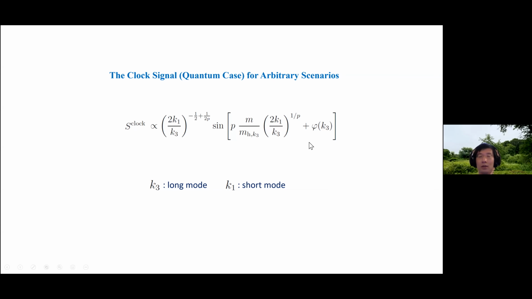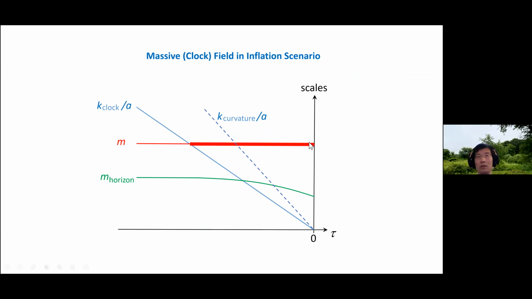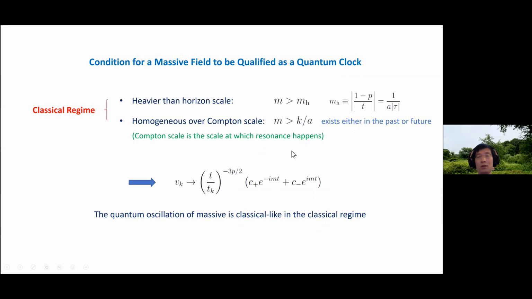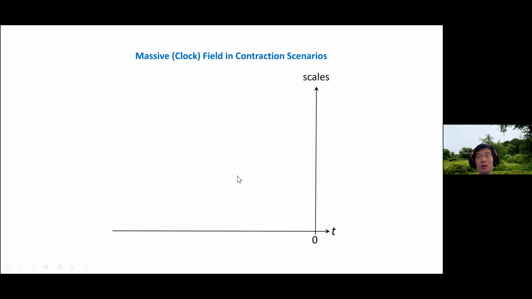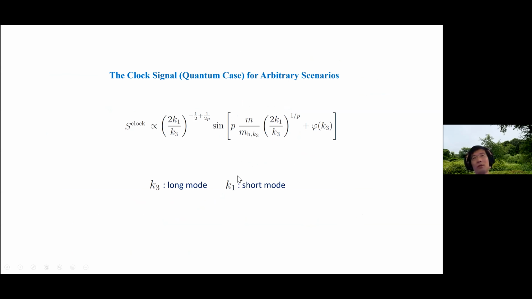I understand. That intuition is good in the classical case because the massive field gets diluted. In the quantum case, you also see this 3/2 appearing, but I don't have a clear mathematical answer in my head right now.